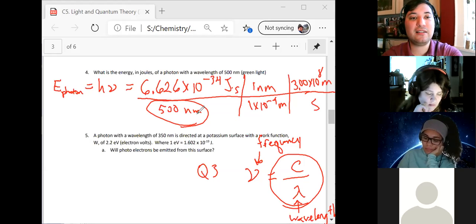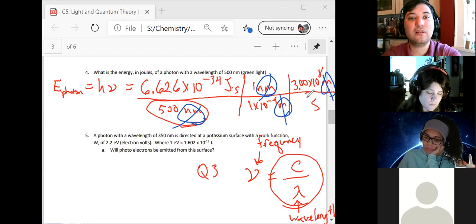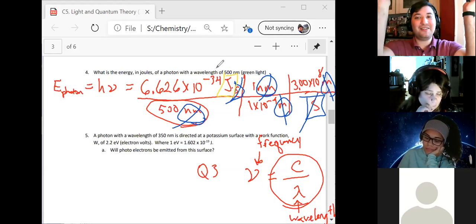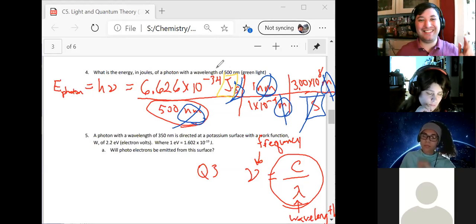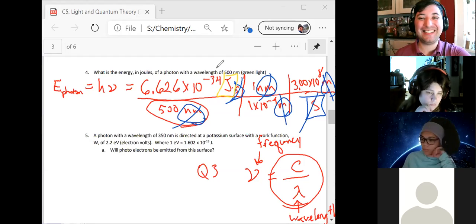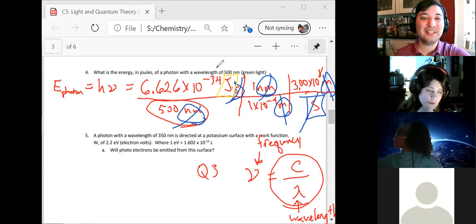And unit analysis: nanometers, nanometers, meters, meters, seconds, seconds. And if I do this out, what's left? Joules. And we're asked to find the energy in joules. Okay, thank you. Yeah, that makes sense now.